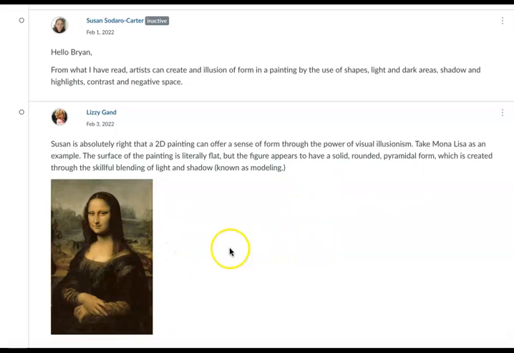And that is a trick that Leonardo da Vinci plays with his artistic tools, using the blending of light and shadow, right? So the way he lays down light and shadow makes you believe that this has the round form of an arm bone and a hand when it's just flat paint on a flat surface.